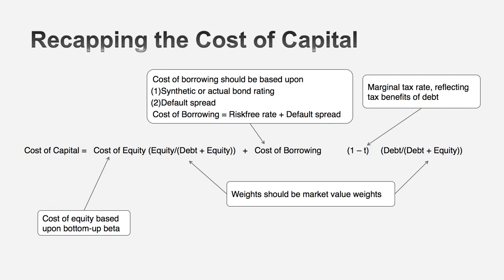Just make sure your weights add up to 1. At the end of the process, you will have a composite cost of financing your firm, a cost of capital. That is what you will use as your discount rate if you're discounting cash flows to the entire business. Of course, you might choose to discount cash flows to equity, in which case you can stick with the cost of equity. But having the elements in place will give you a much better estimate of value for this business.